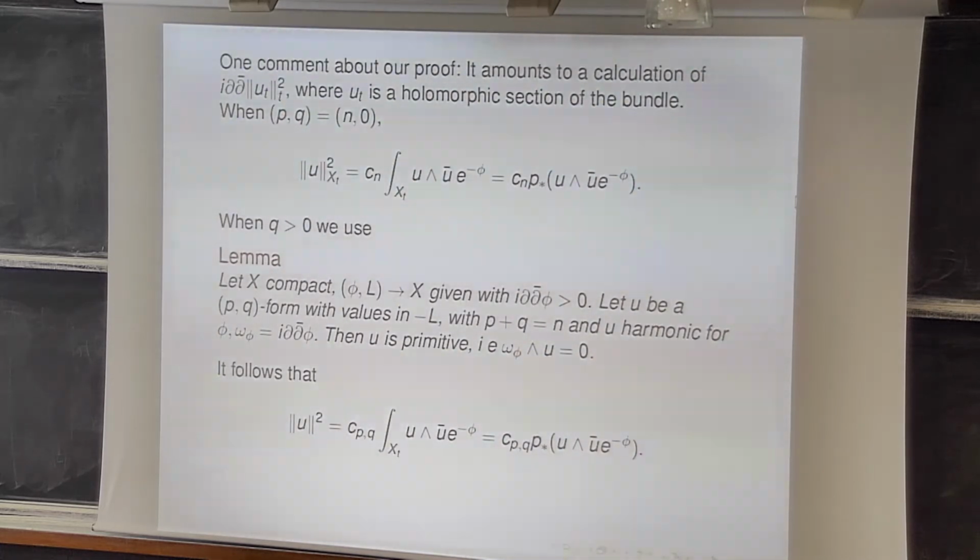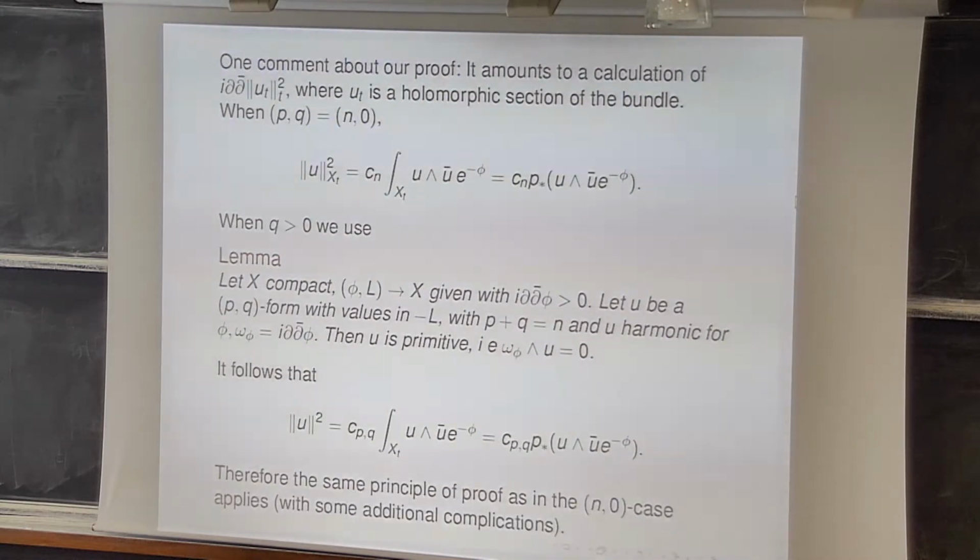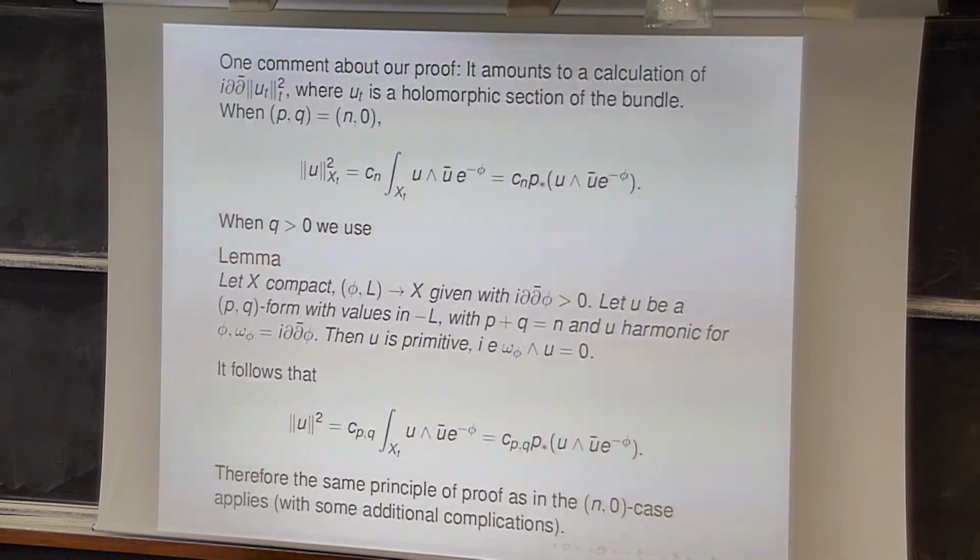And then you can still write it as the push forward of a form on the total space. And you can still take i partial partial-bar, etc. And the same principle of proof as in the (n,0) case applies. There are some complications, but the same basic principle appears. So much for the proof.